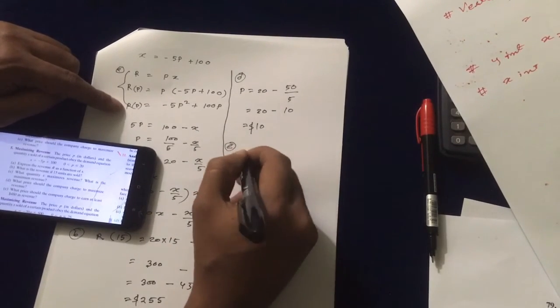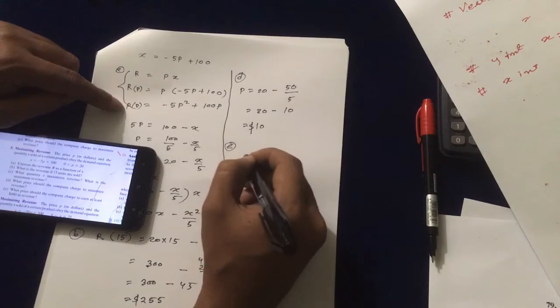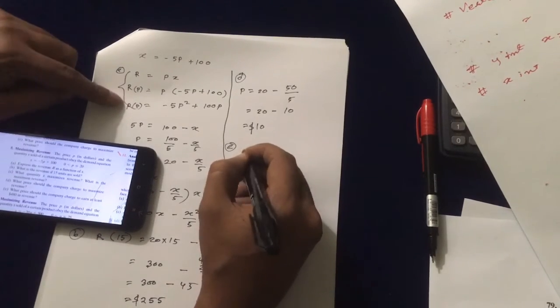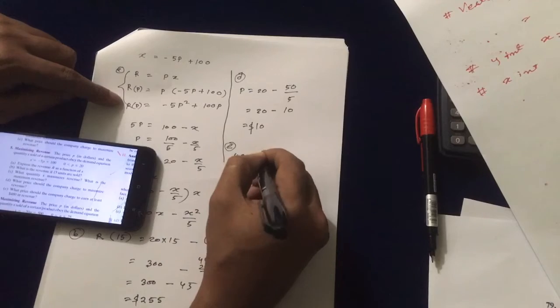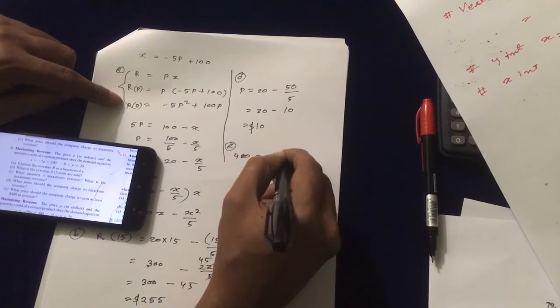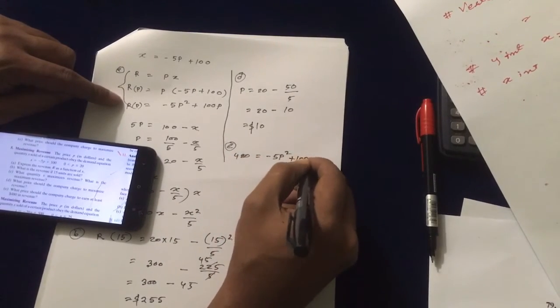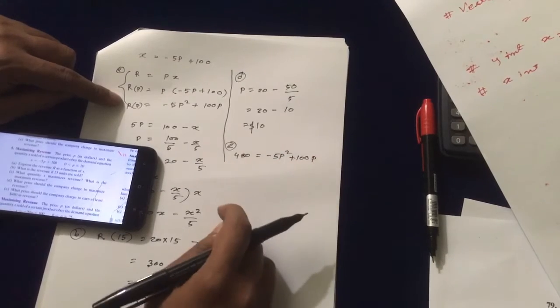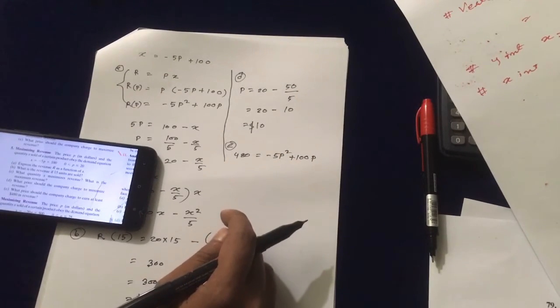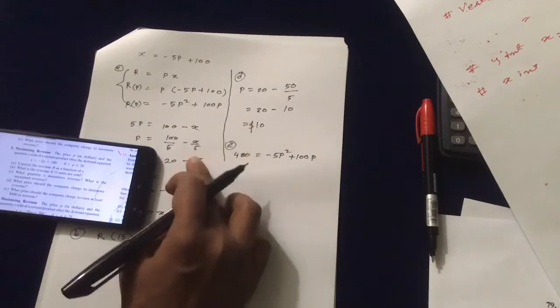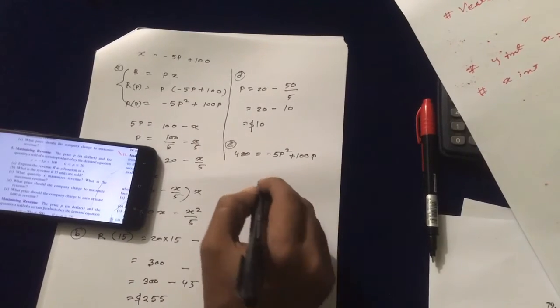So we'll write this value here, 480 equals minus 5p square plus 100p. The question is price, that's why we have to use the price function.